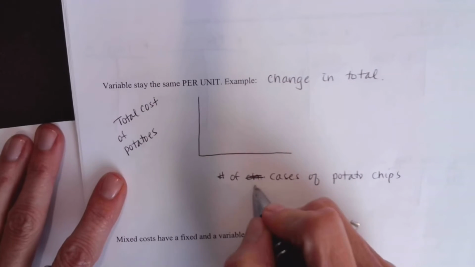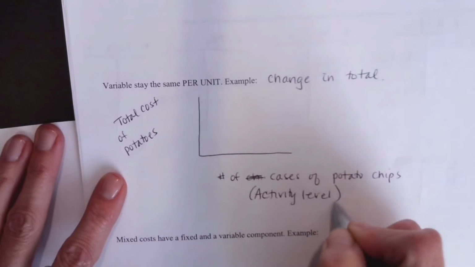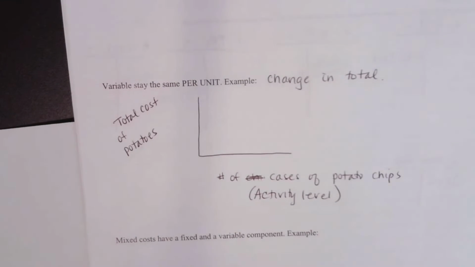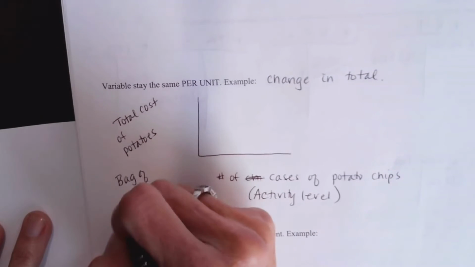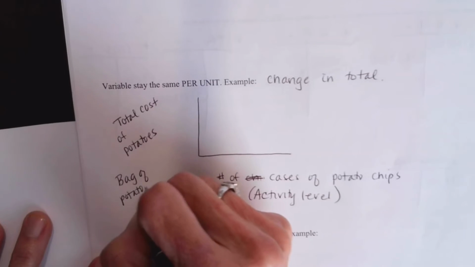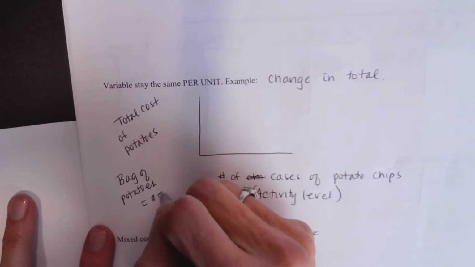Right, and then we said that this is also called the activity level. So what do you think a bag of potatoes costs? $7. We'll say $7. That's a big bag of potatoes. Okay.